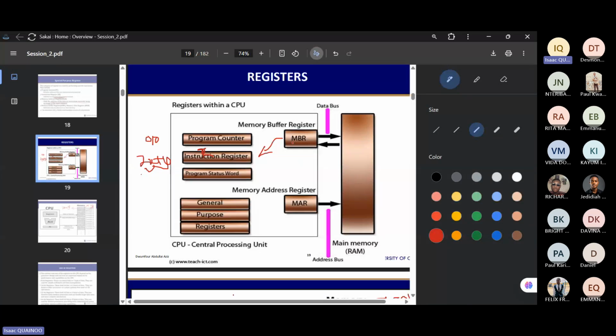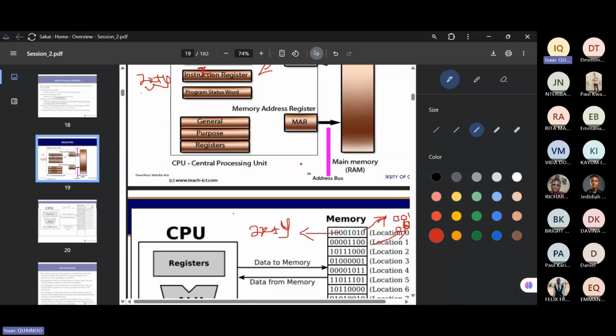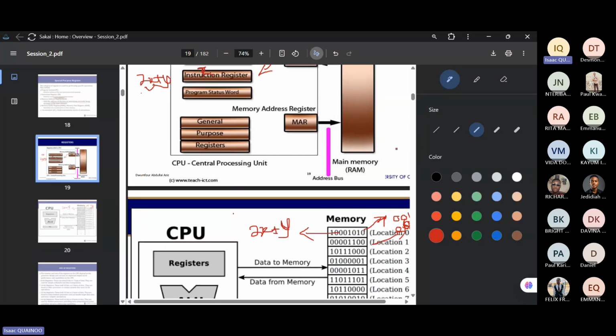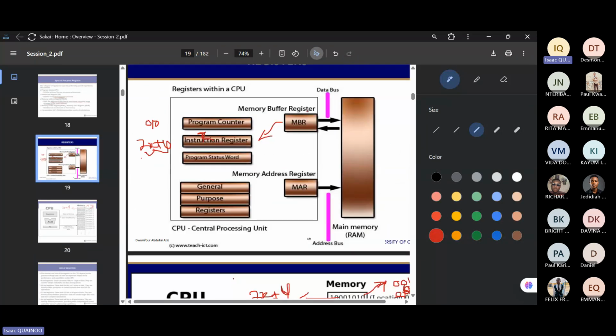That is your MBR, which is memory buffer register. So we are basically saying that you see this 001 here will be stored in your memory buffer register, because the job of the memory buffer register is that it only stores the address of the current program or current instruction that is being executed.